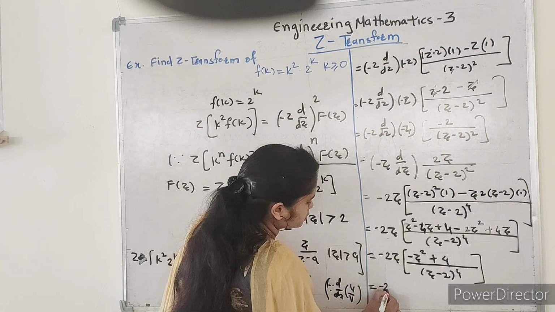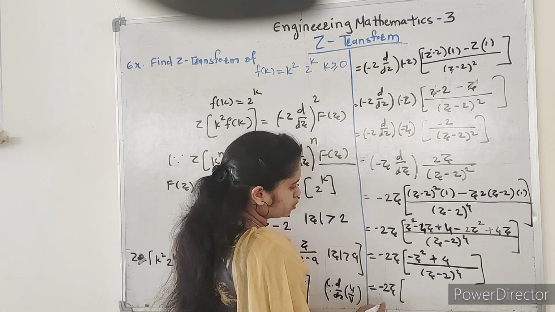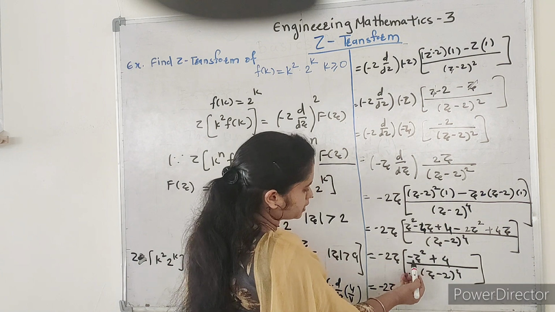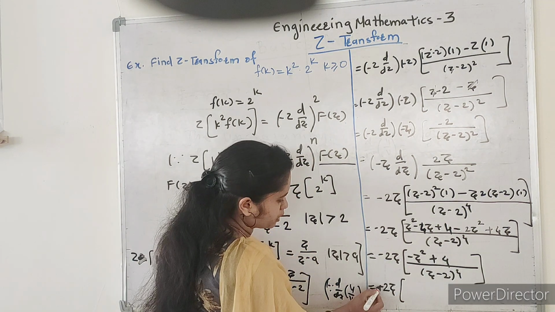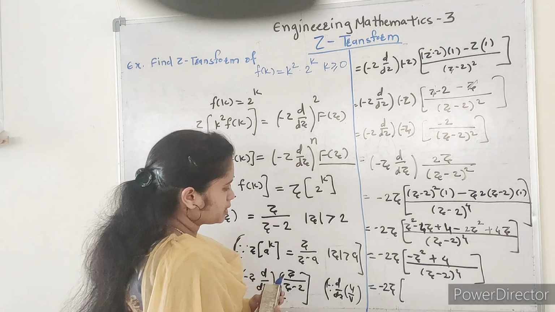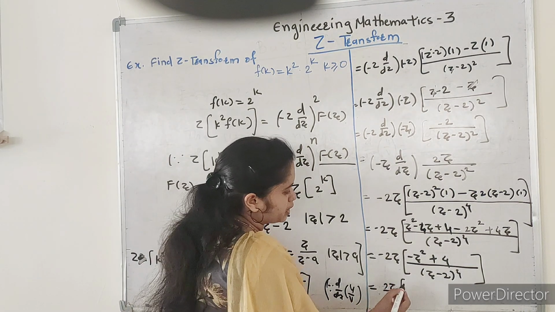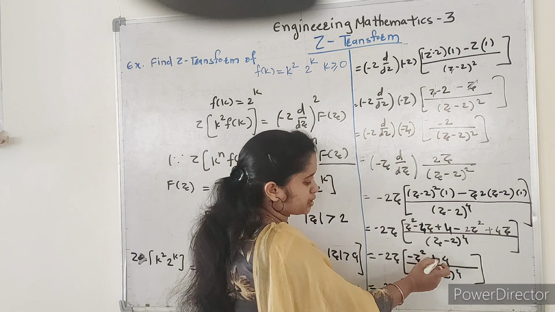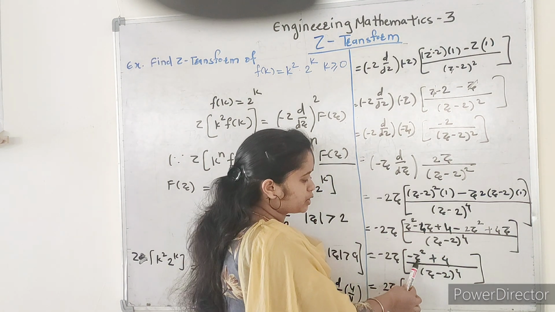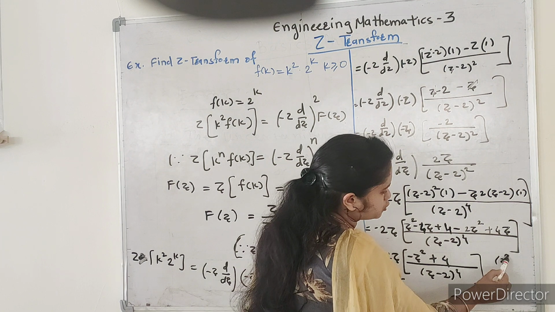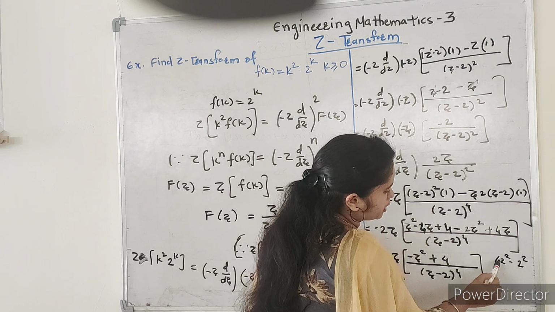Now here minus 2z into here what? Common out the minus sign, so it is minus minus gets plus, here we get 2z. Correct? So 2z into z square minus 4. That means z square minus 2 square. Correct?